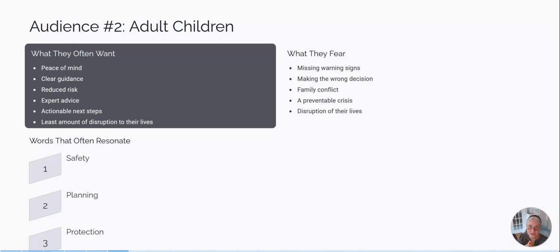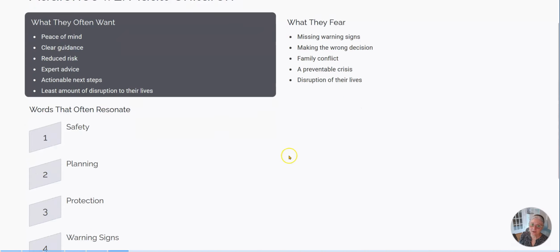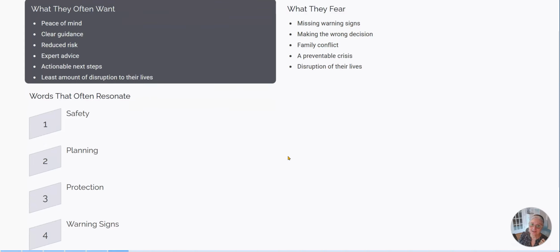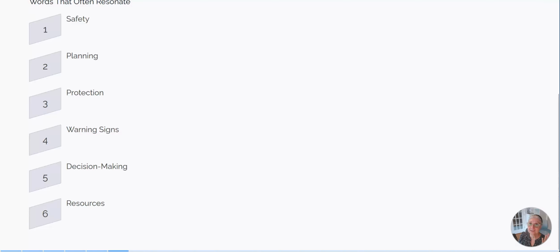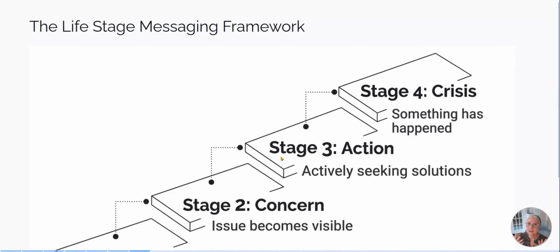A preventable crisis, again, coulda, shoulda, woulda, and a disruption of their lives. It's a big fear for most family caregivers, especially if it's a solo caregiver. So words for this audience that often resonate are safety, planning, protection, warning signs, decision making, and resources. These are the kind of words that you would use for that audience.